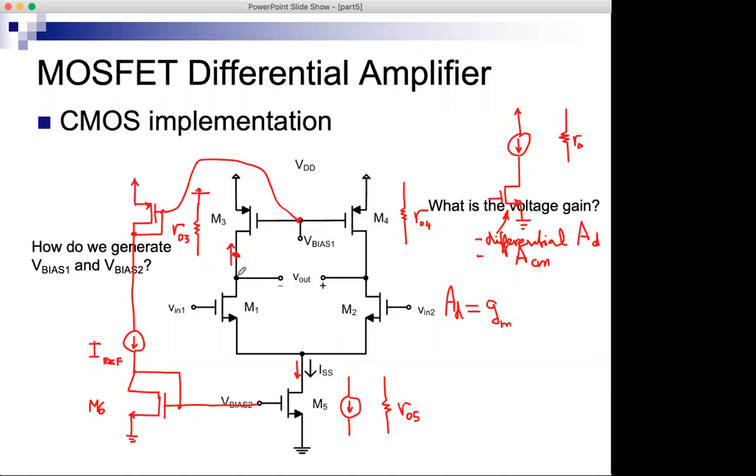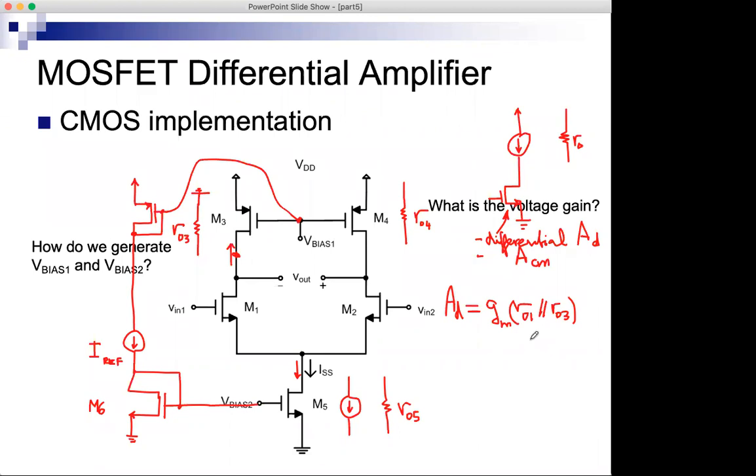R prime L, as we said, is RO1 parallel RO3. This is the gain of this differential amplifier. And remember, I need to say what kind of gain. This is the differential gain, because if the inputs are equal, I will get something else.